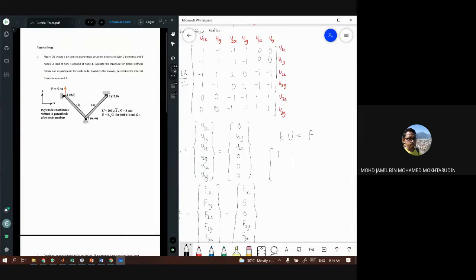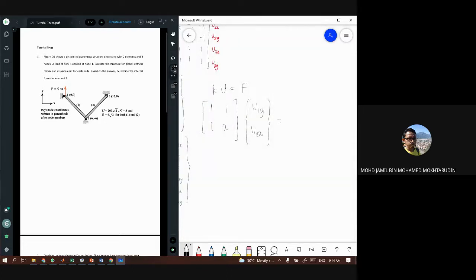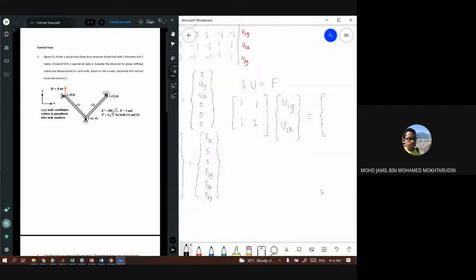You need to remember how to do matrix multiplication, that you have learned maybe in form 4. And then the third row, you only take the values 1 and 2, and then equals F. So for F here, you only take the second and the third value.